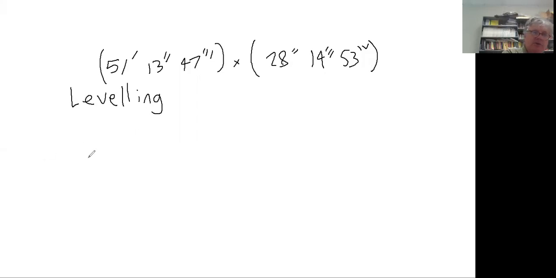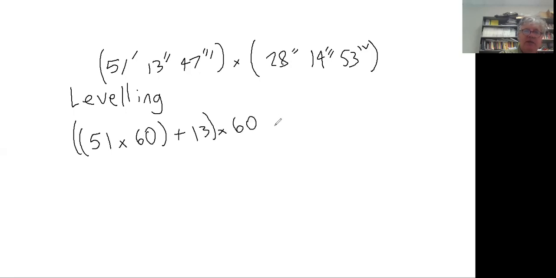So what we would do is we'd get the 51, we'd multiply it by 60. That would convert minutes to seconds. We'll add 13, so that's seconds, and then we multiply that by 60 to get thirds, and we'd add 47.